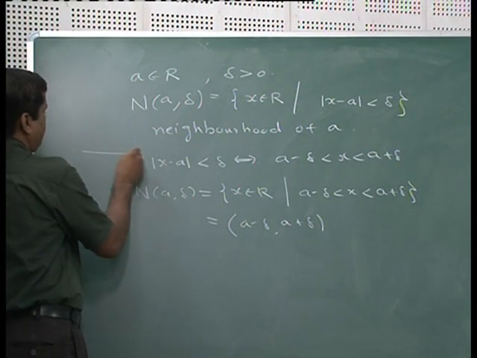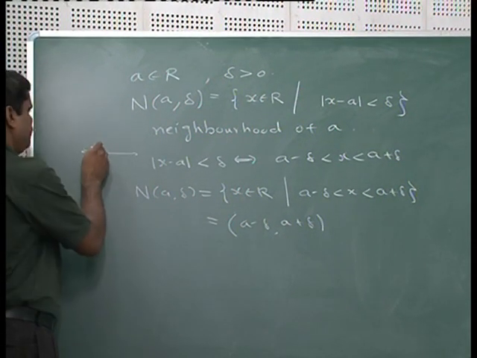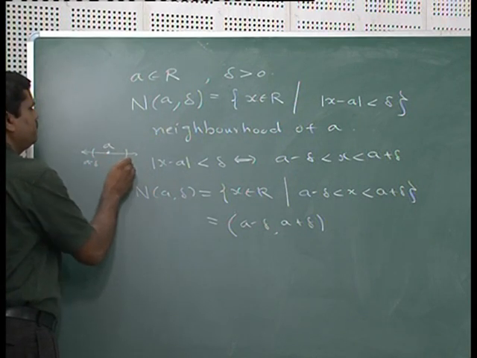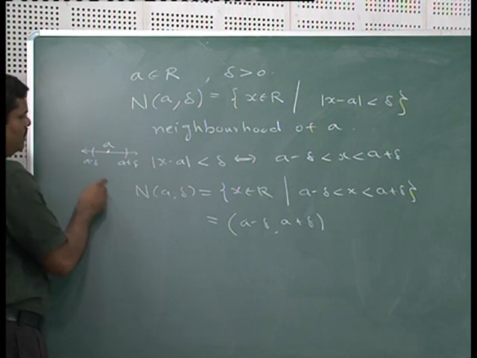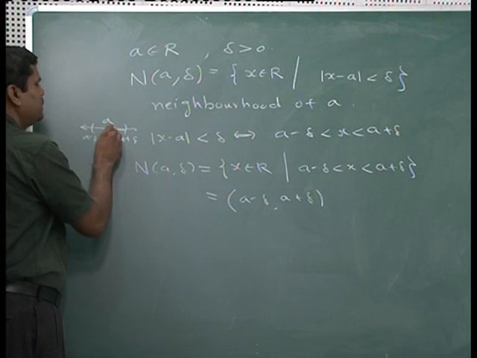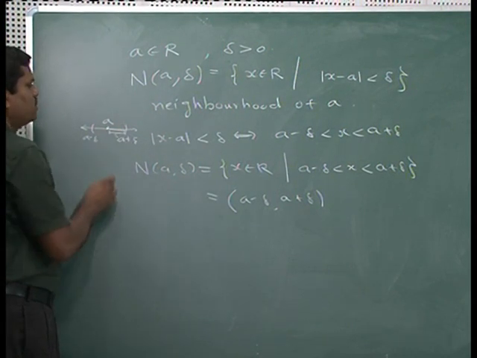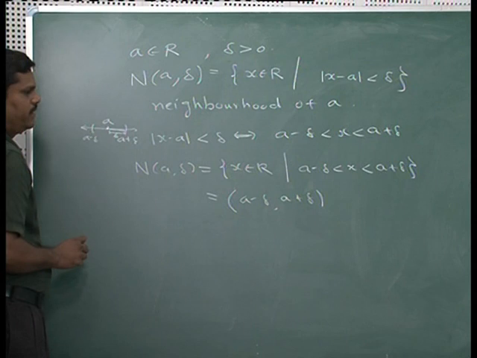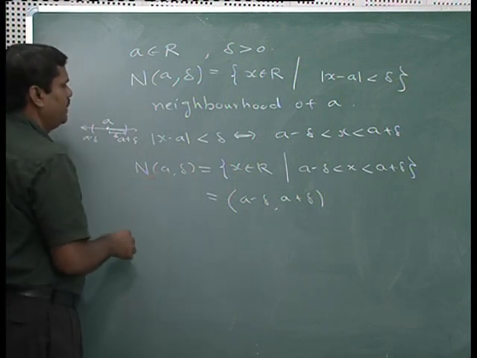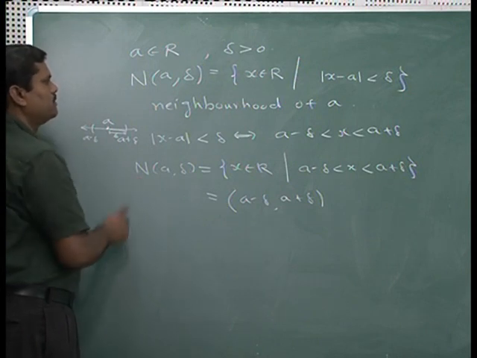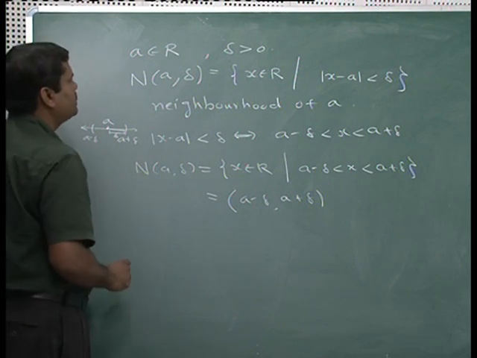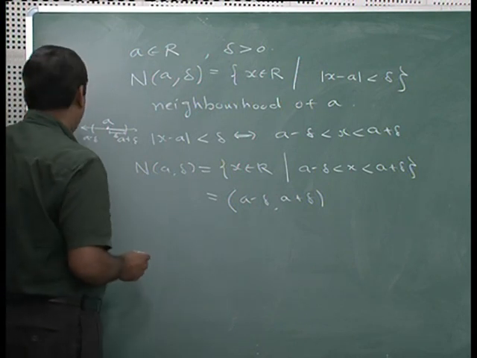Geometrically, A is the center of this interval, so it is called the center of the neighborhood, and this length delta is called the radius of the neighborhood. This is the concept you studied in 12th standard and FY BSc, the neighborhood in R1, and we want to extend this to a neighborhood in R2.